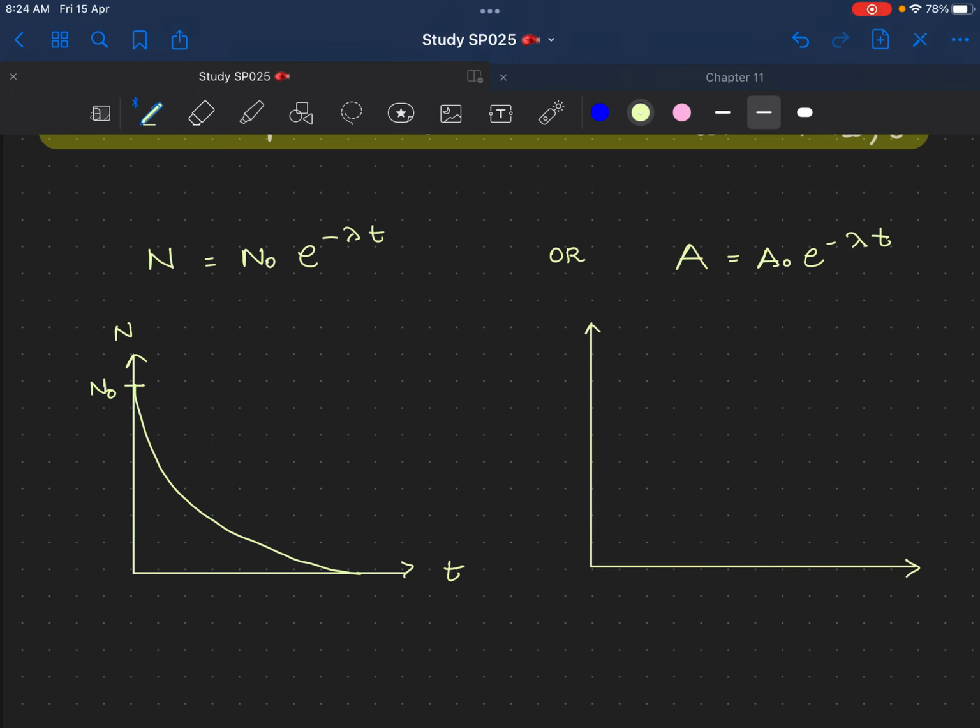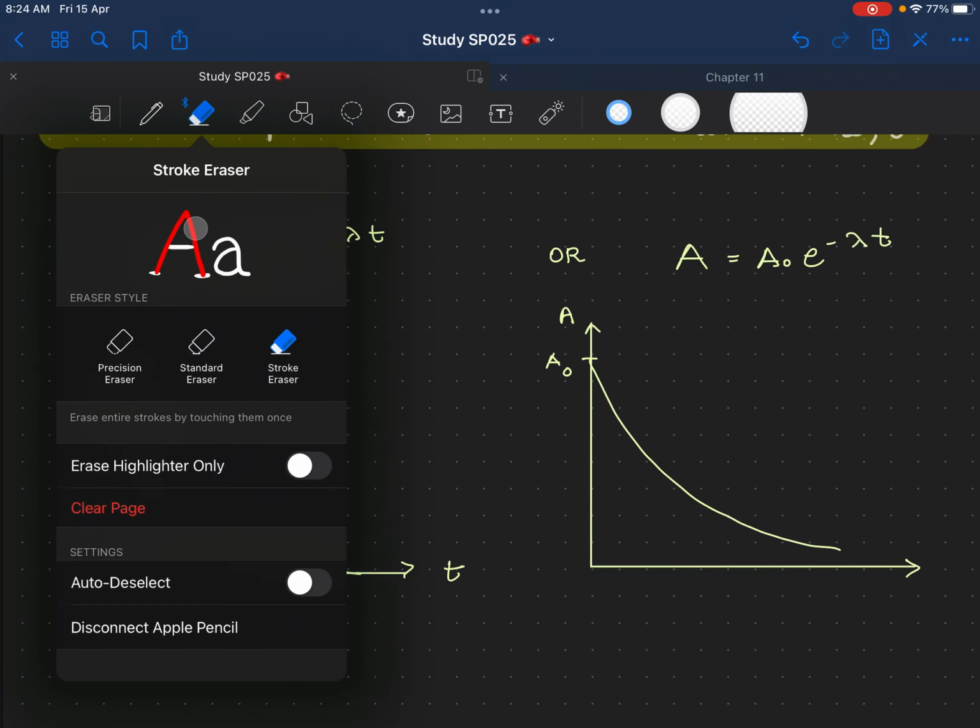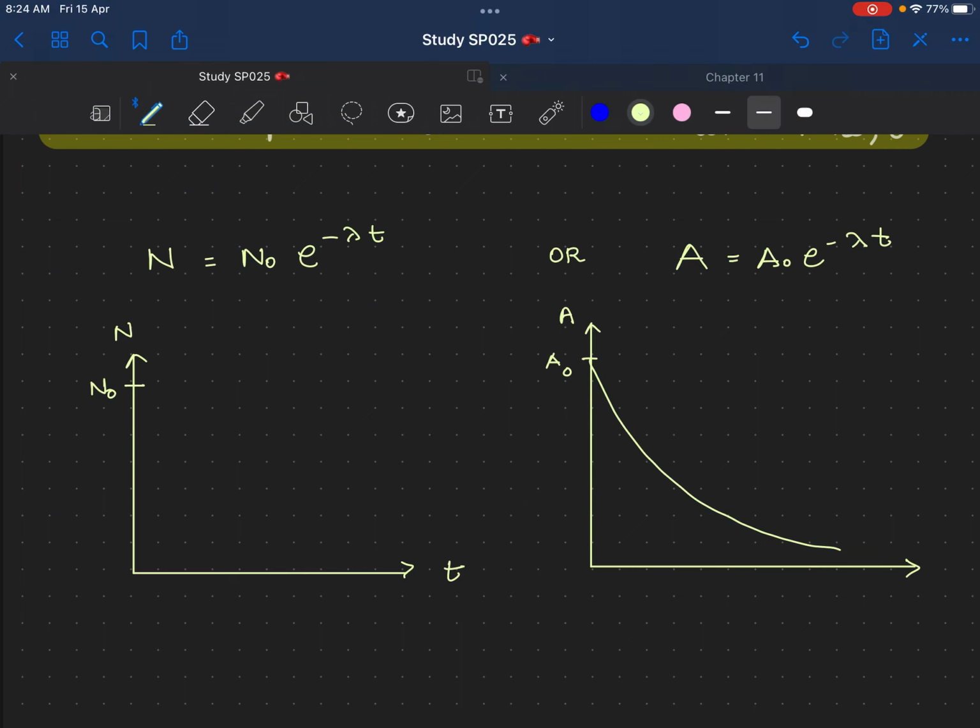Activity may be very high at the start because it needs to get rid of many nuclei, and as time goes on, the activity also decreases. So this is the initial one, and it decreases. I need to draw it like this. It won't become exactly 0. There must be some number of nuclei left that are stable by this time. So this is the stable state.